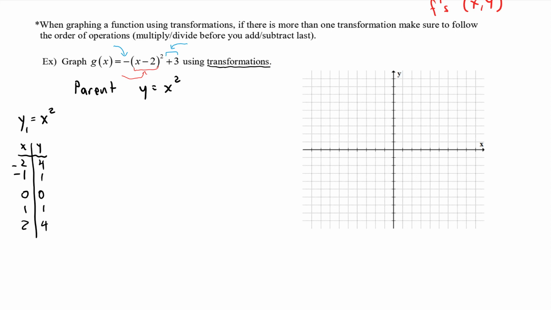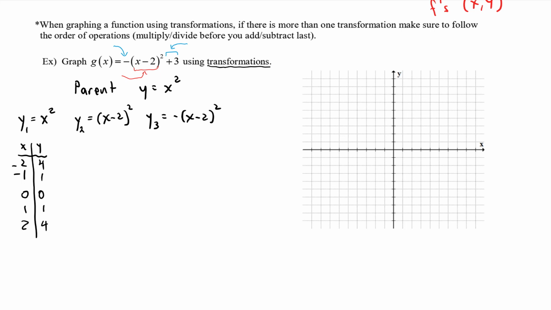So let's see how the transformations help us. Starting with this parent function, I could apply a horizontal shift and replace x with x minus 2. If I take the x out and replace it with x minus 2, I shift that whole parabola to the right 2 units. Now I get this new function, y equals x minus 2 quantity squared. If I take that new function and multiply it by -1, I flip this function over the x-axis.